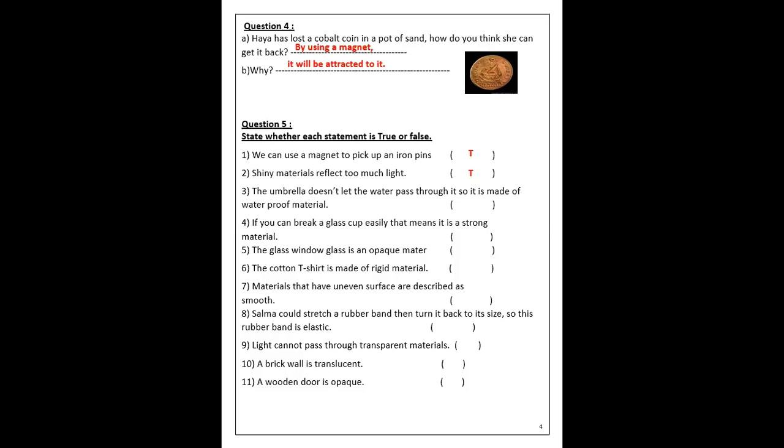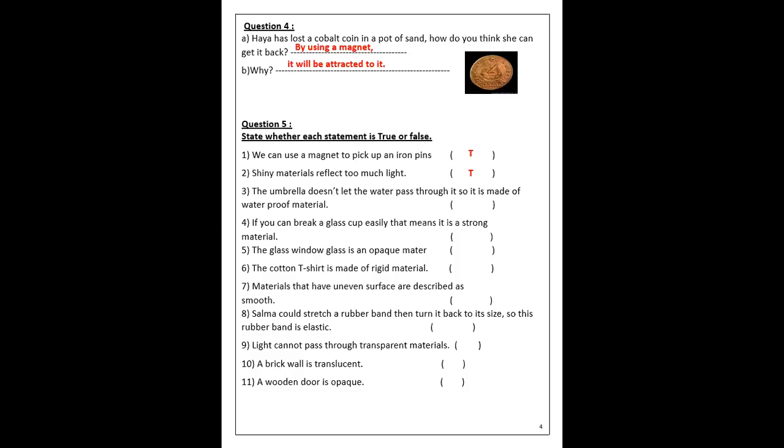Number 3. The umbrella doesn't let the water pass through it, so it is made of waterproof material. Let's start revising. What does it mean by a waterproof material? Waterproof material is the material that doesn't let the water pass through it, right? For example, if you are in winter and you are wearing a waterproof jacket, why?